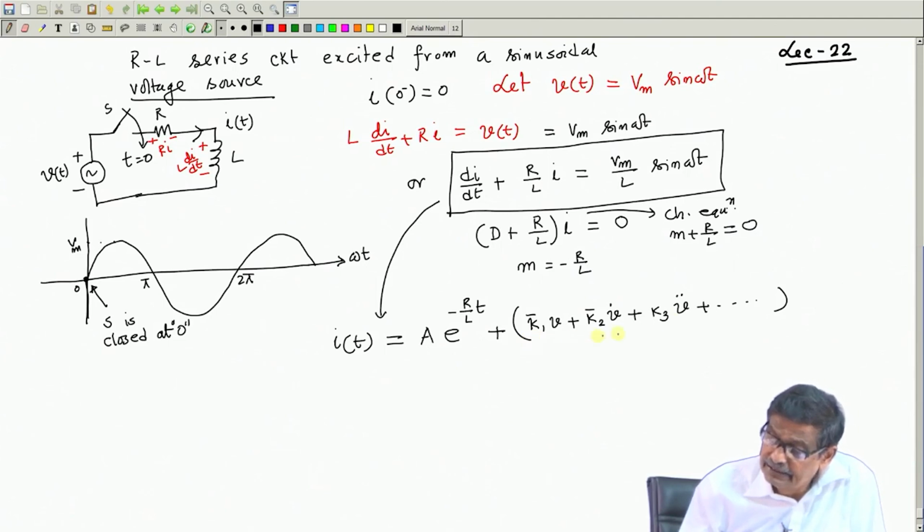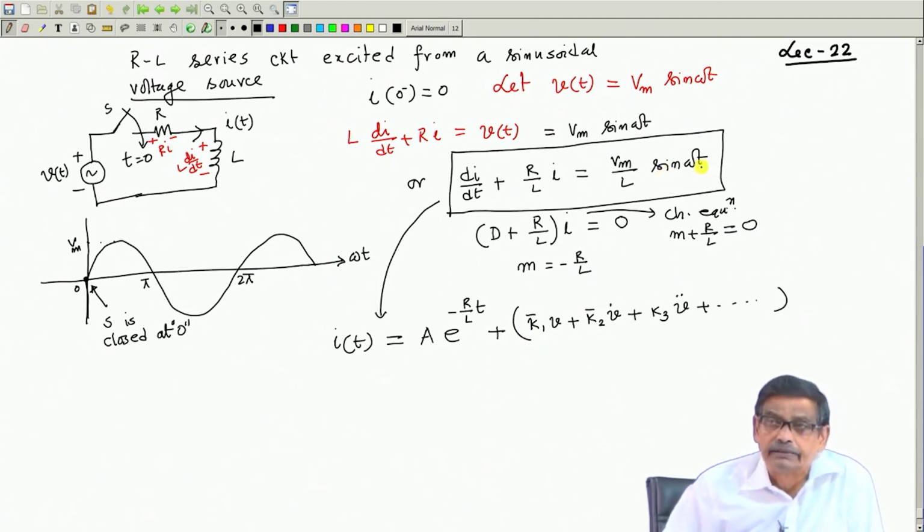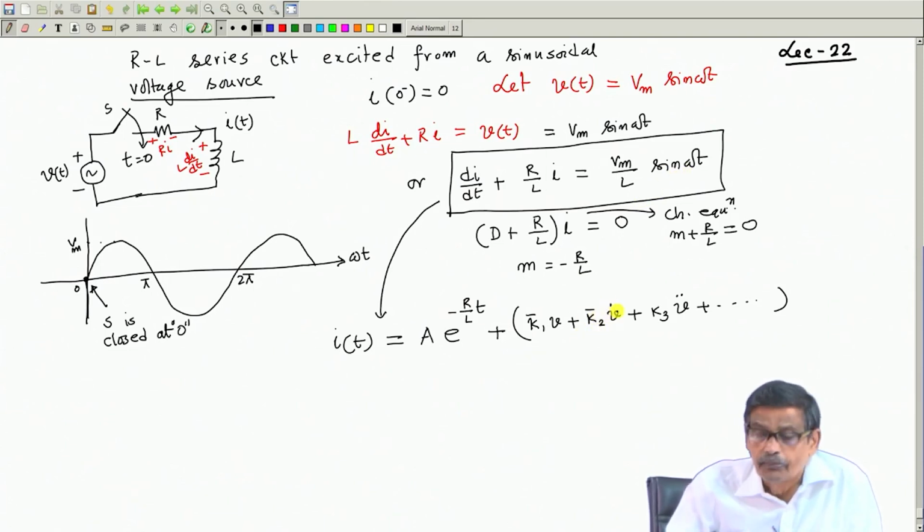Now, here you see it is sin omega t. So you have to go on differentiating this sin omega t, which I am not going to write. What I am telling is, it will be some constant into sin omega t, plus if you differentiate this, it will be omega cos omega t, and that omega I will multiply with k2 bar to give you another constant.